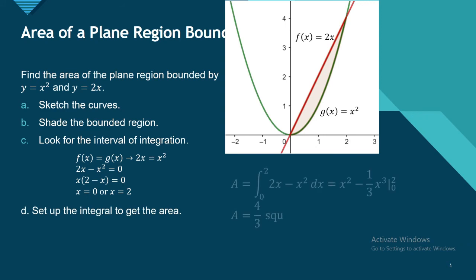And so what you do is you set up the interval of integration. The area is going to be the integral of f of x minus g of x dx from 0 to 2. This is a straightforward application of your power rule. So it's equal to x squared minus 1/3 times x cubed evaluated from 0 to 2. You know what to do with that.